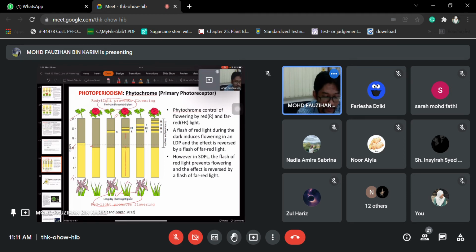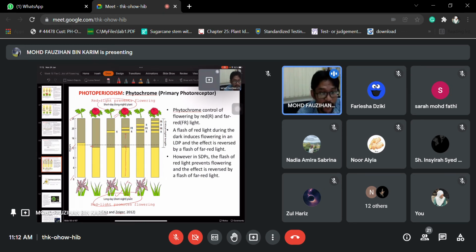Long day ni, the far red light dengan red light ni dia bagi different opposite effects on the short day plants and the long day plants. Okay, while the red light, okay, is favor for the long day plants to flowerings, tapi dia prevent short day plants from flowerings.